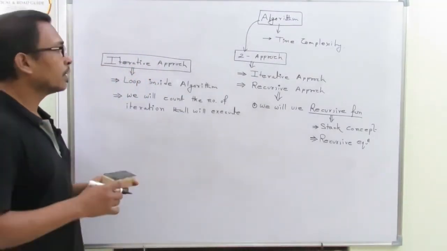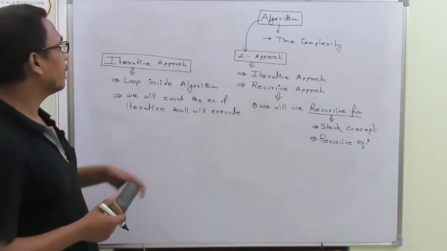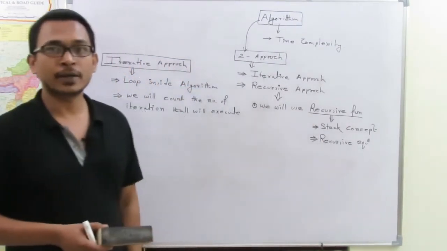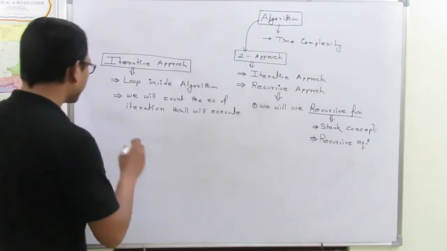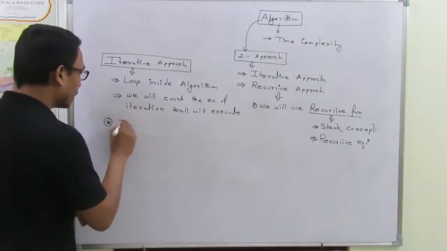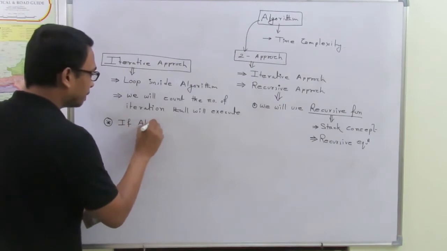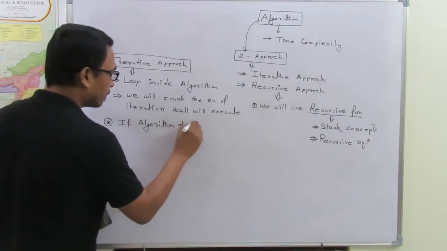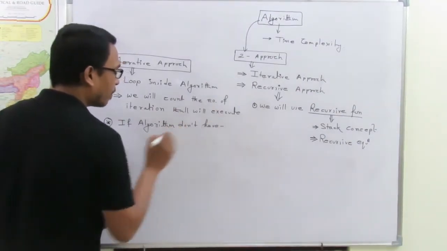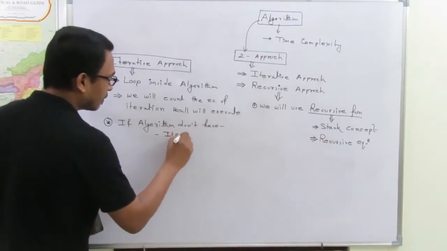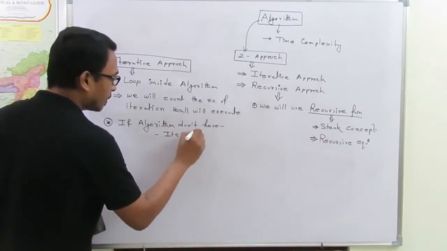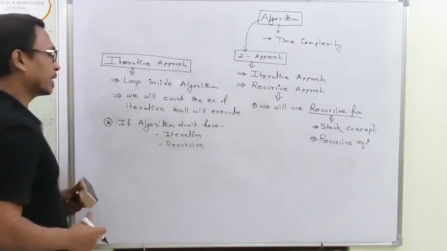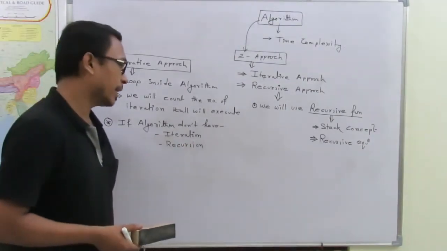Now what happens if an algorithm doesn't have any iterative approach and any recursive function? Then what will be the time complexity? That means if the algorithm doesn't have iteration as well as recursion, what will be the time complexity of that particular algorithm?